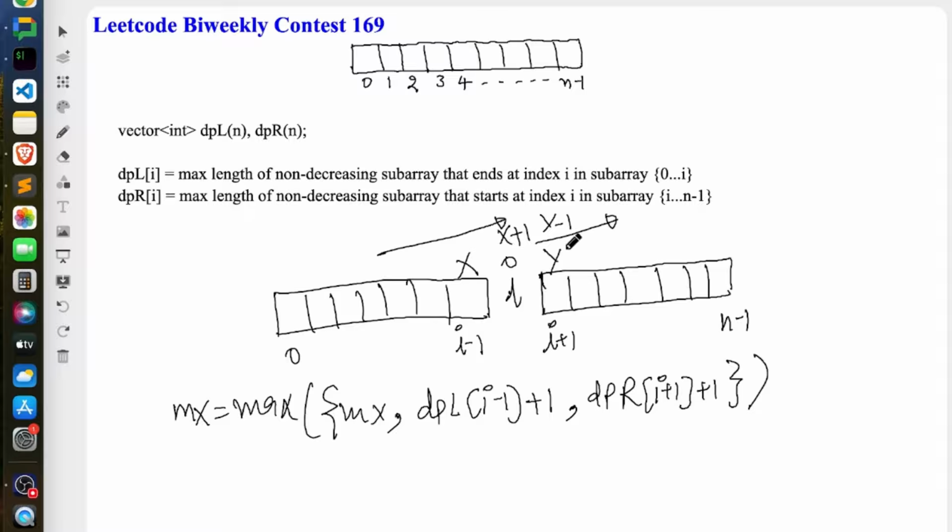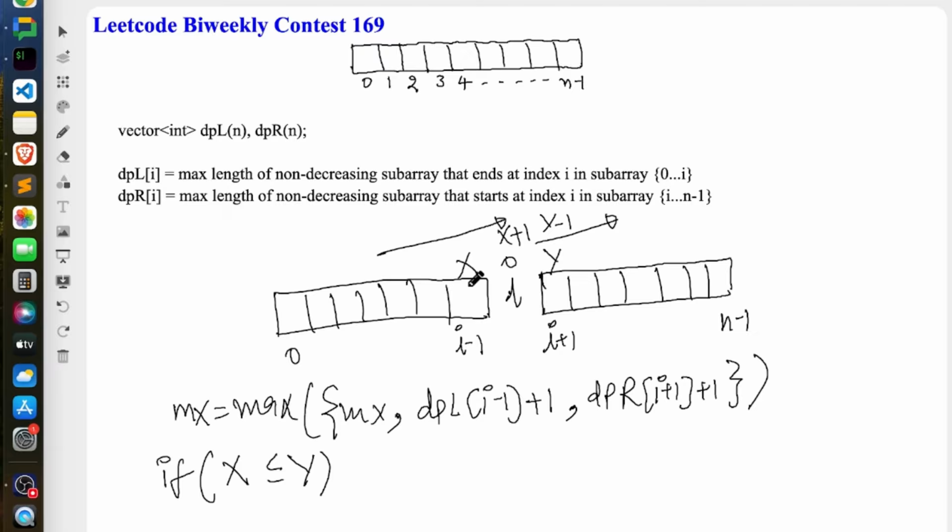You can easily convert this number to any number. If you replace this number with the previous number plus 1, then this is the choice you get. If you replace this number with the next number minus 1, then these are the choices you have. But there is one more interesting choice. What if this number x is less than or equal to y? See, you can do a magic here.